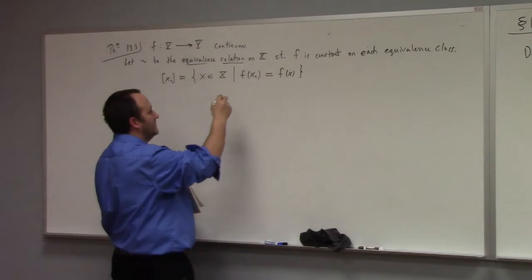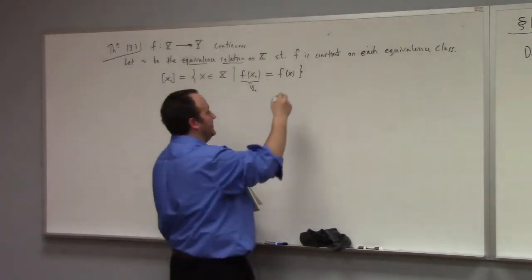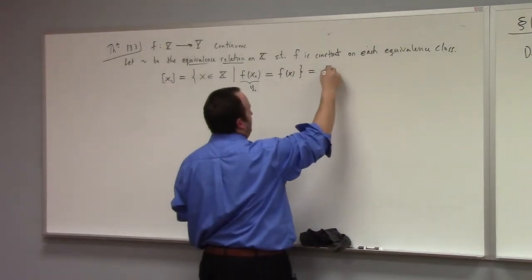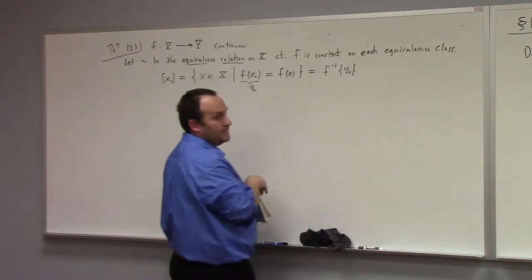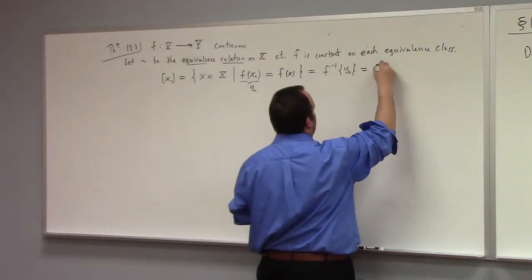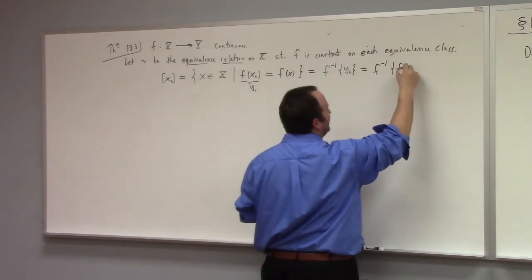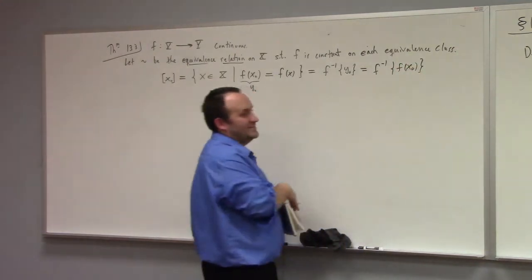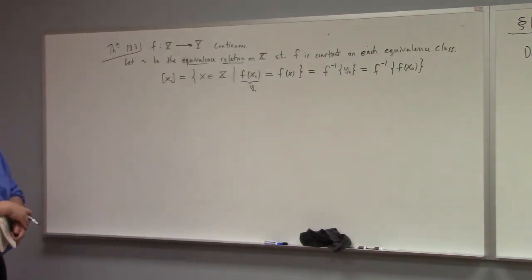So what are these? If I give this another name, if I call this thing y naught, maybe you would not be surprised when I write that this is the inverse image under f of y naught. In other words, this is what? What's this equivalence class? We had another name for it. We talked about this the other day.